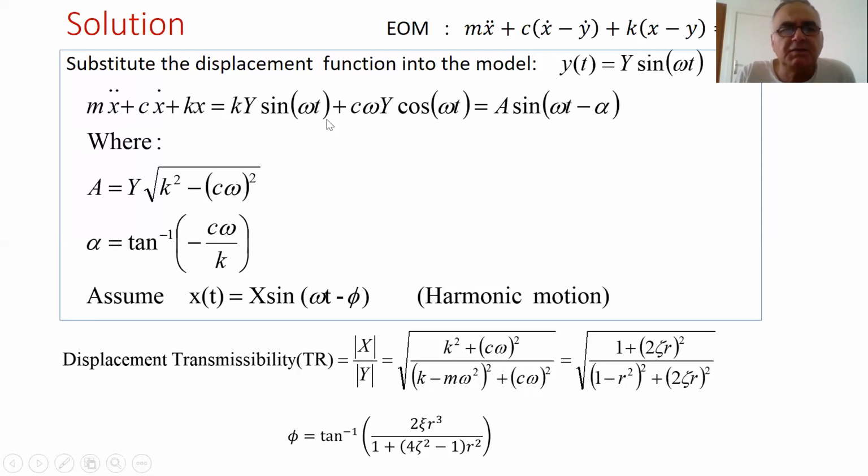Addition of a sine and a cosine term can be, as we know from previous lectures, combined into a sine term with a phase shift. In that case, the phase shift is given by tangent inverse of c omega over k, and the amplitude of the sine wave is the combined amplitudes of sines and cosines.